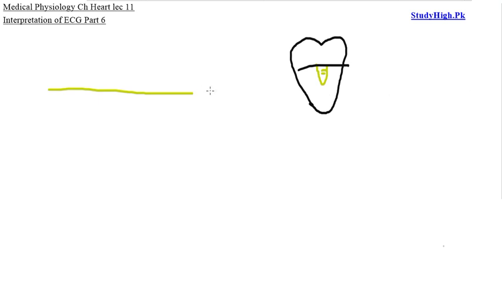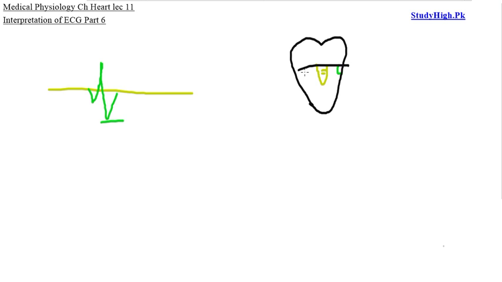Another important thing that you must know: our QRS wave will continue to form, first in a negative direction, the Q wave. Why the Q wave forms I have explained in the previous lecture. Then the R wave and S wave form, because the base of the left ventricle depolarizes at the last. That's why we also obtain the S wave.